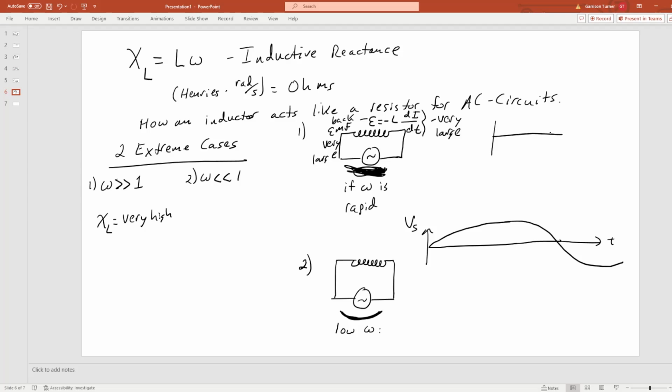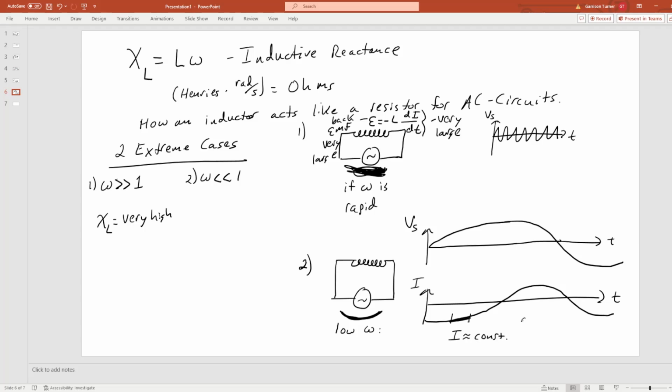Whereas up here, my voltage would have been, once again, and even though my current is offset from that by a cosine that would look something like this, if I look at this current right here, if omega is small enough, then over some finite interval, this is approximately constant.